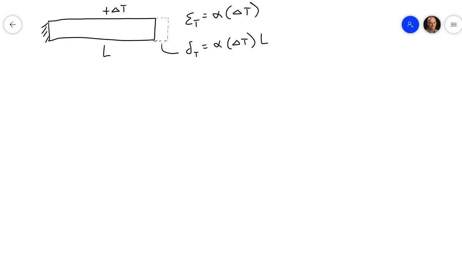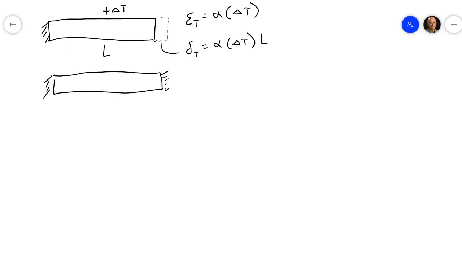which is all fine and simple and easy, but if we have a part that's constrained on both ends so that it may not expand, we would like to know how much force is required to do that.